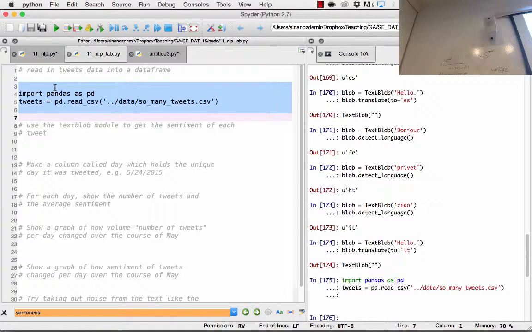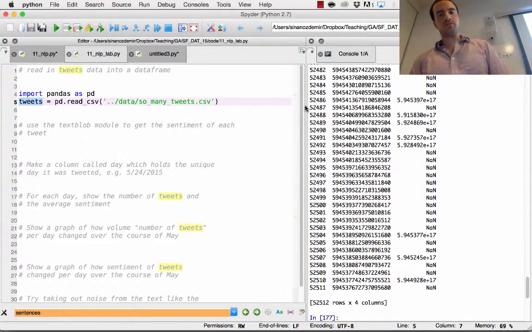It is every single tweet that I've collected in the month of May 2015 that uses the hashtag AAPL, which is Apple's stock ticker.